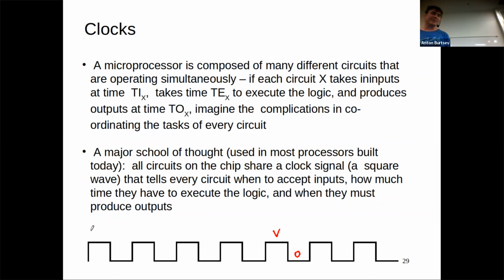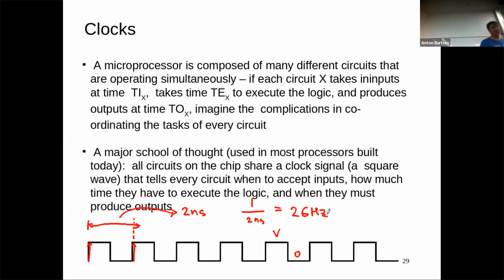The cycle is the period of time between two rising edges of this signal. So if we say maybe this is 2 nanoseconds, if we divide 1 by 2 nanoseconds, we get the frequency of our machine, which is 2 gigahertz. That's how they are related.